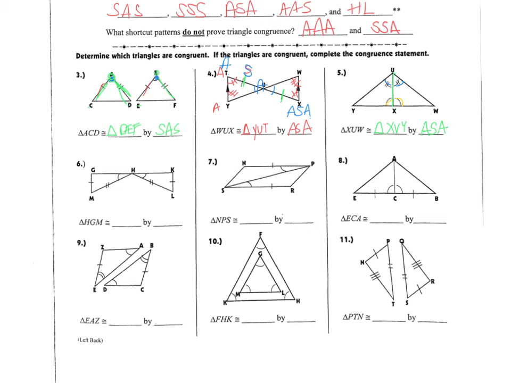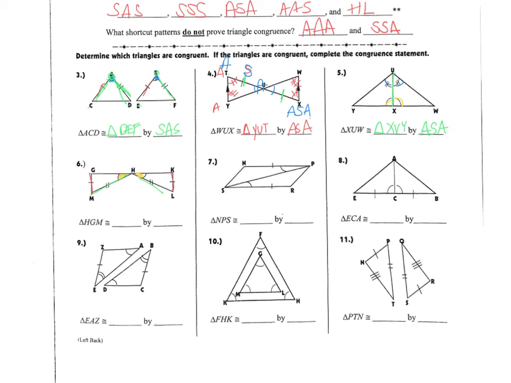If we look at number 6, we have an angle to an angle, and then we have a side to a side, and a side to a side, but we have to be careful.